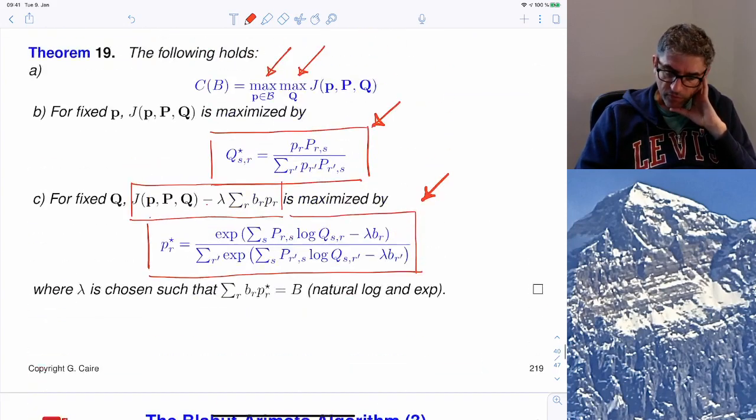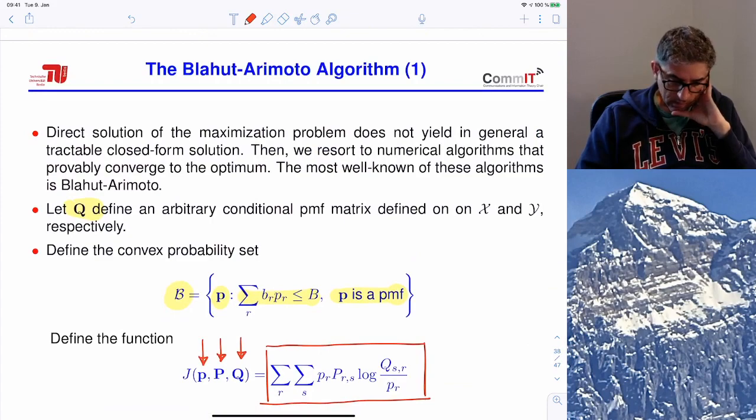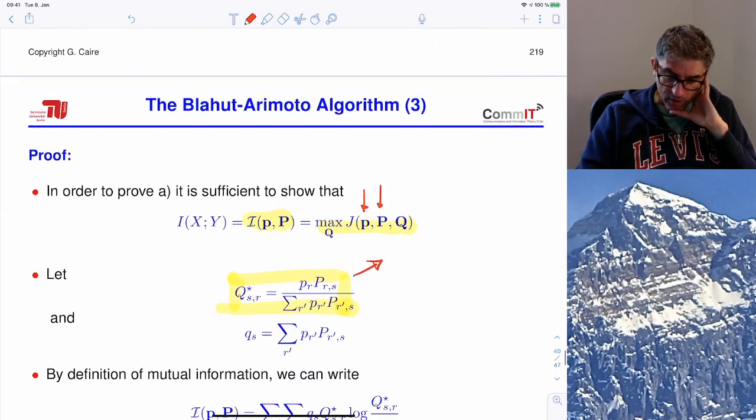I mean, for the input given the output, sorry. It's true because this numerator is P of x equal to R, comma, y equal to S. So it's the joint probability of RS, because this is Px, Py given x.